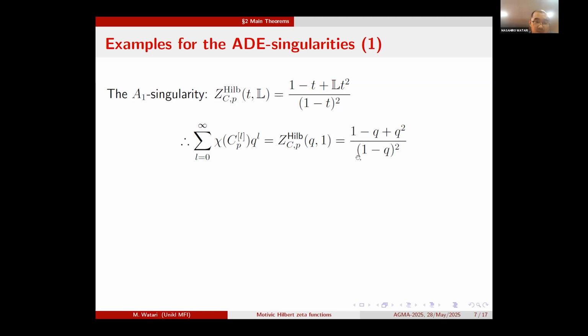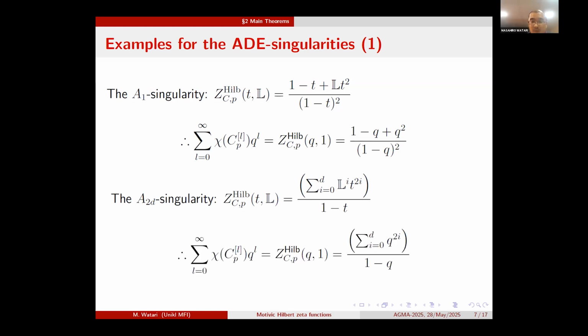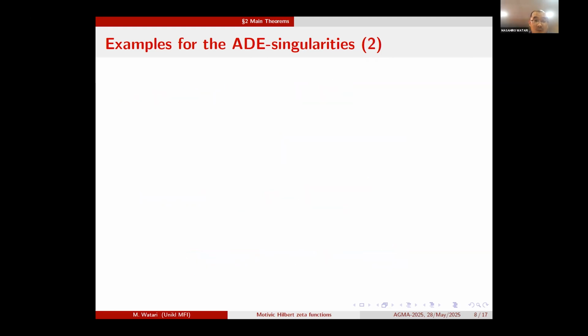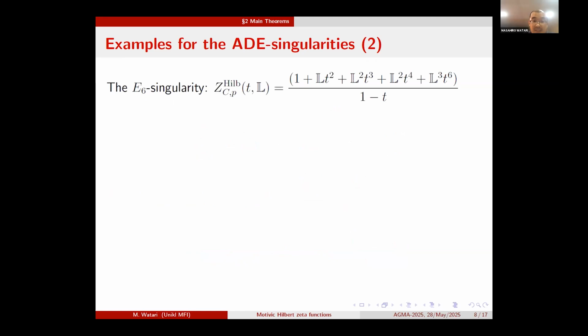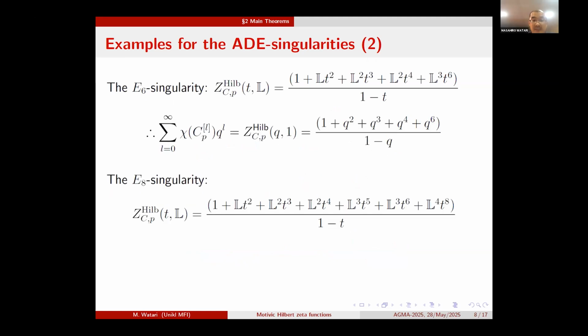In a similar way, for the A2 to D singularities, the Motivic Hilbert zeta function becomes this, and by theorem 1, we obtain the generating function of Euler numbers in this way. Next, we consider the E-type singularities, E6 and E8.